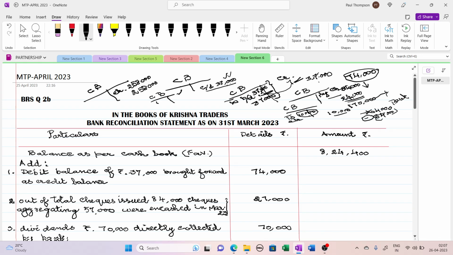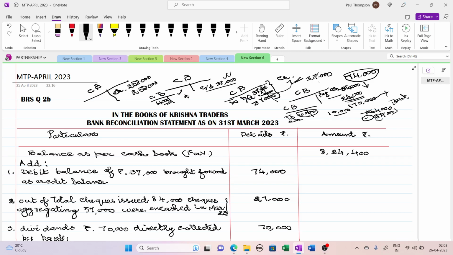That is our business account. So I have correctly entered it in my cash book. My cash book balance has gone up, because any time there is any deposit, my balance goes up. Any payment, my balance comes down. So by 4,000 my balance has gone up.